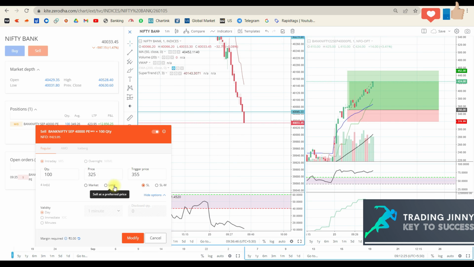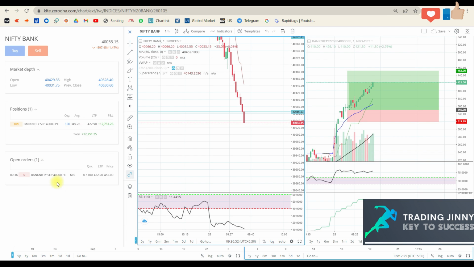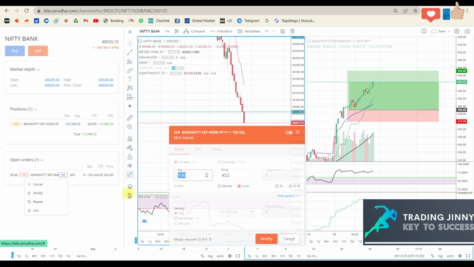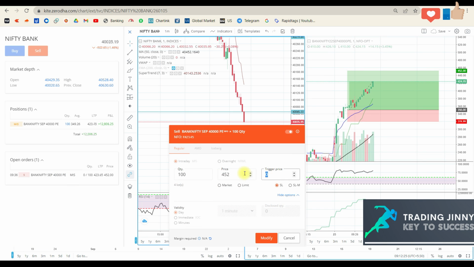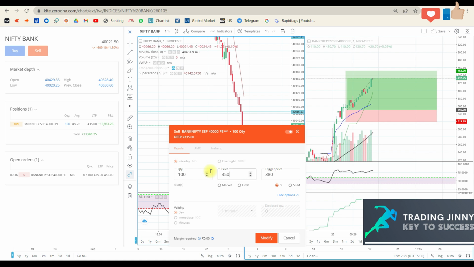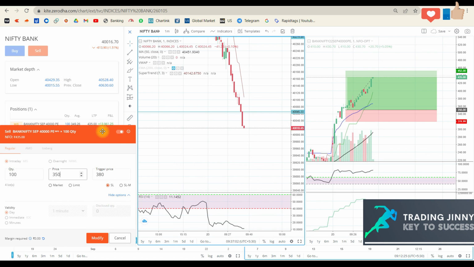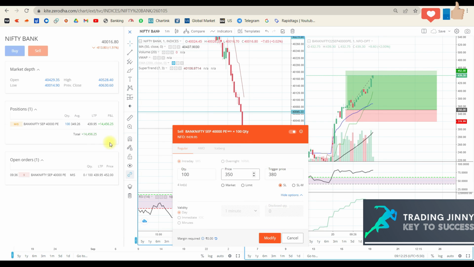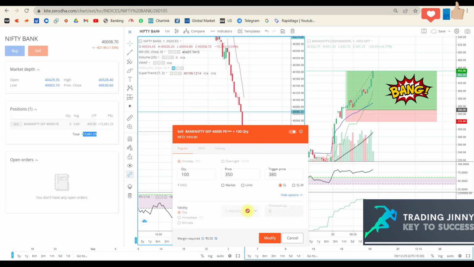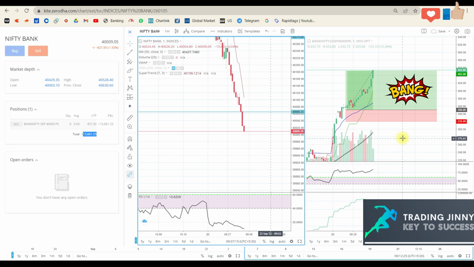Let's just wait for the target, 452 rupees. We'll also keep the stop loss increased, maybe from 380. Save your capital as well as your profits. Now the profit has gone to about 15,000, which is wow, what a trade!